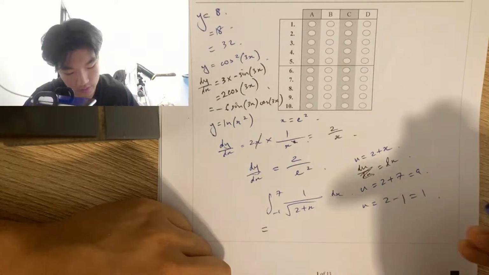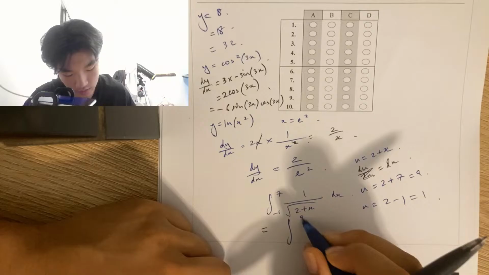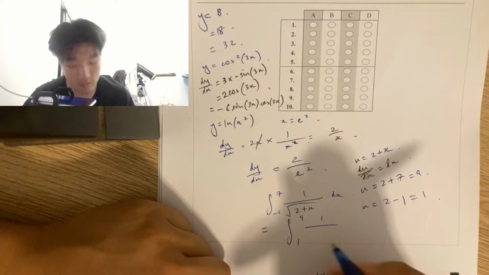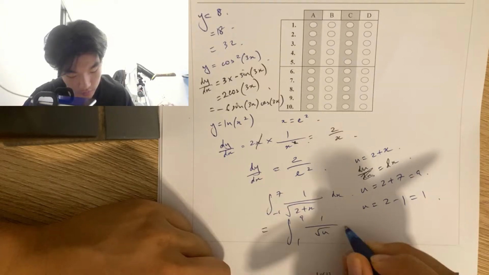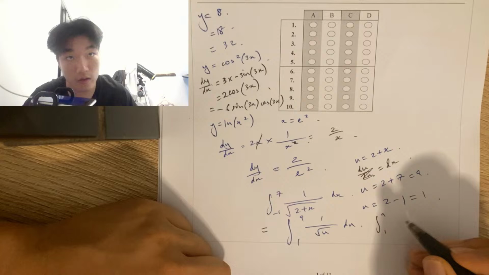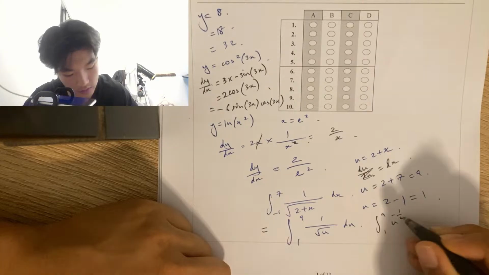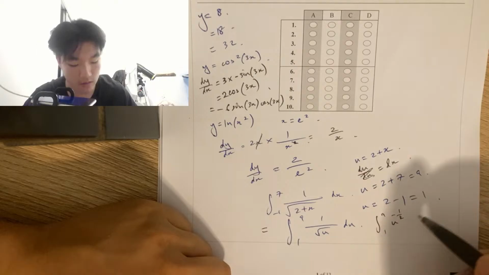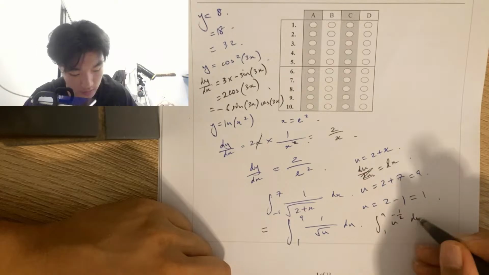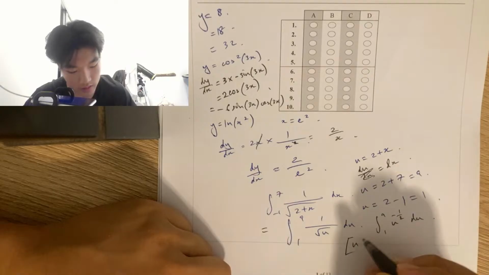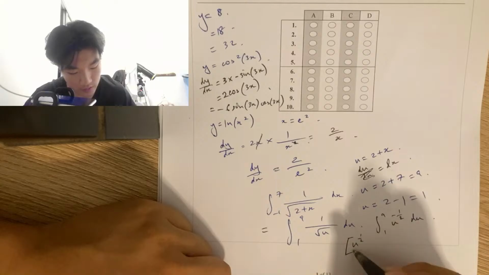So then it becomes the integral from 1 to 9 of 1 over square root of u du. Okay, it's not only square rooted, but it's also a fraction. It's in the denominator, so we need to raise it to the power of negative 1/2. And then when we integrate, we add 1 to the power, and then we divide by that power.